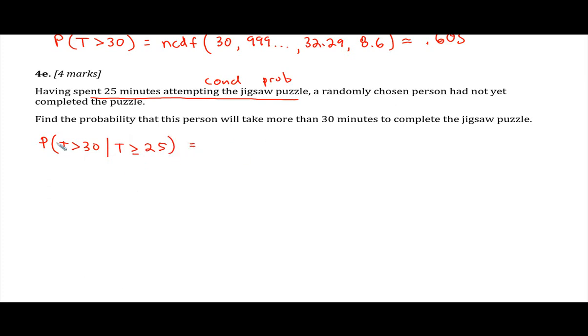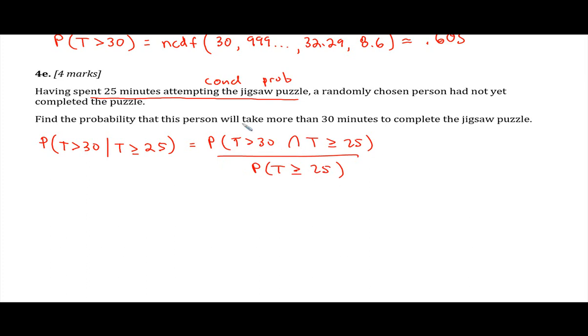Using the conditional probability equation, we have the probability that T is greater than 30 intersect with T greater than or equal to 25, divided by the probability that T is greater than or equal to 25.